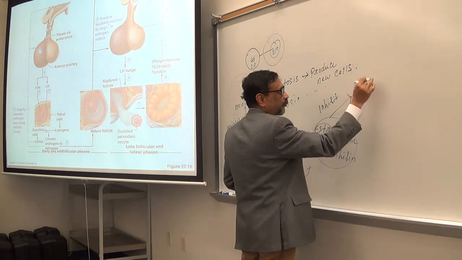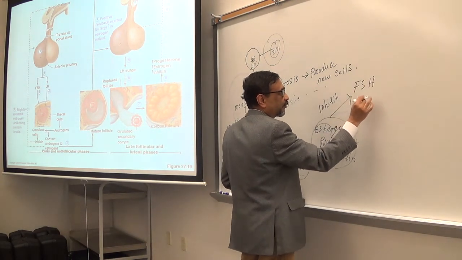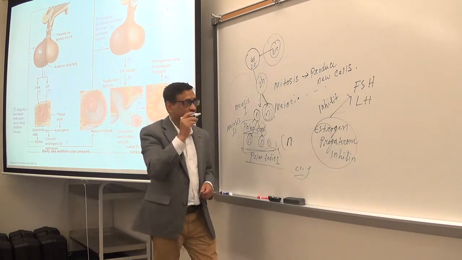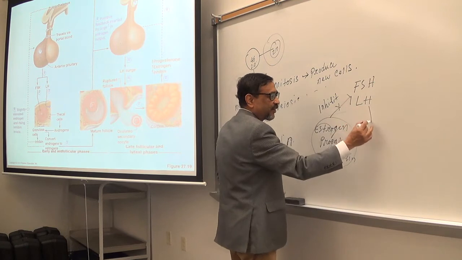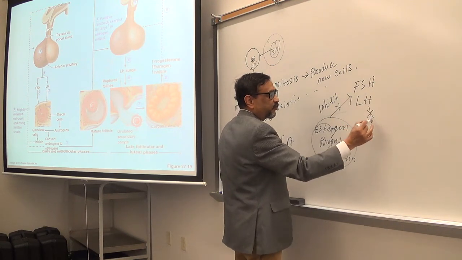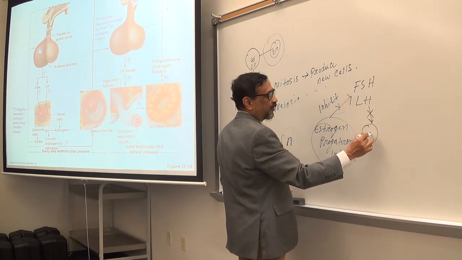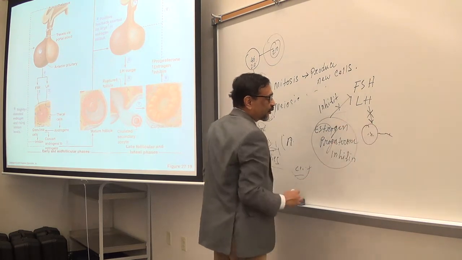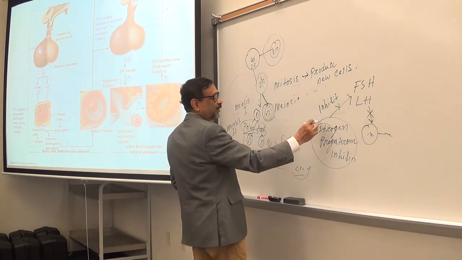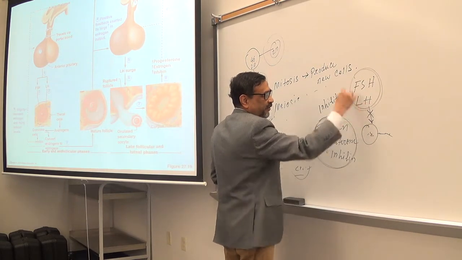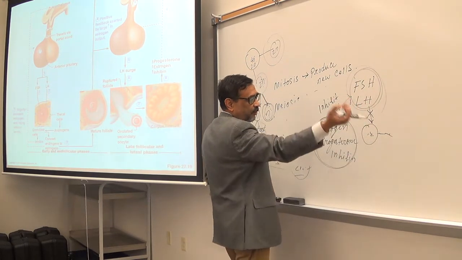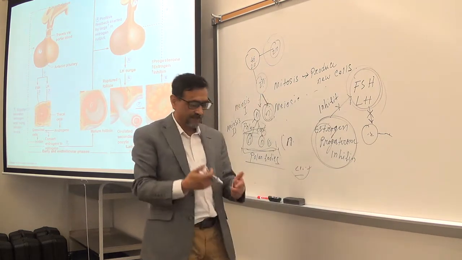So follicle stimulating hormone and luteinizing hormone will not be secreted. If they are not secreted, then the follicle will not grow and rupture. As long as the corpus luteum is present, these will not be released, so the follicle will not grow and will not rupture.